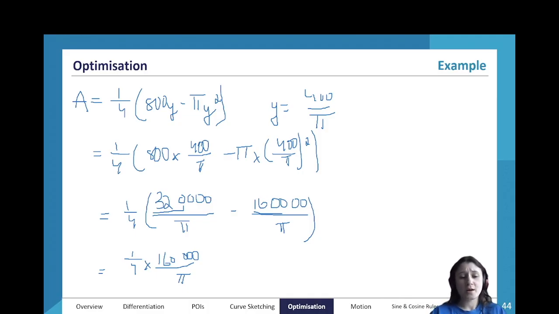So from here, all we just need to do is a little tiny bit more simplification. Alright? So 160,000 divided by 4. Remember, 16 divided by 4 is 4, so we're going to have 40,000 over pi. And that will be units squared because we have an area.